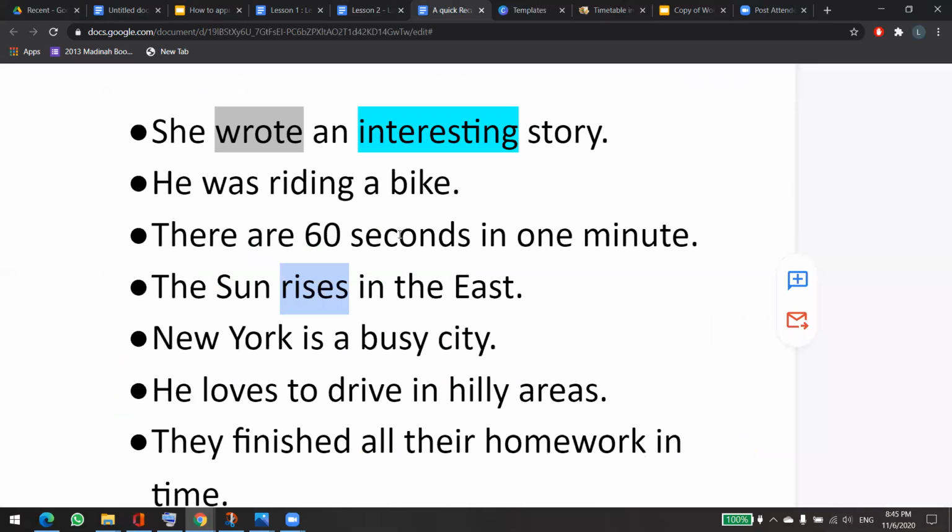So let's go back to these sentences and see if we can assign some status. Okay? Wrote, there's an action, okay? So this is fail, right? And then she, right?